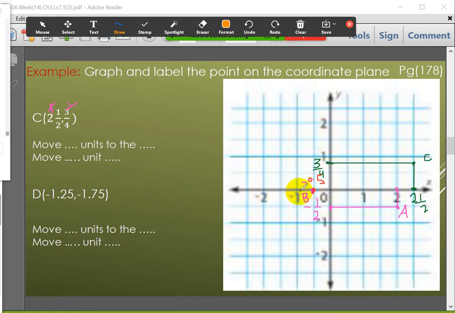The 25 is a quarter. That means if you divide the distance between negative 1 and negative 2 into 4 equal parts, this one will be the first part of the 4. Or you can divide the distance into 10 equal parts and count. This is negative 1.25.